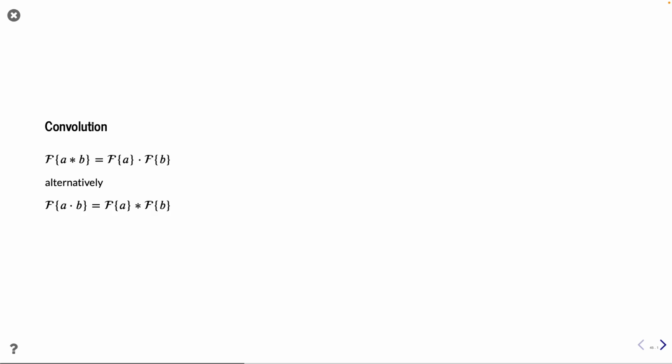This is a very nice feature of the Fourier transform and can be used in some cases. Alternatively, you can also say that multiplication in real space turns into a convolution in Fourier space, which is a bit inconvenient, but sometimes you need to do that too.